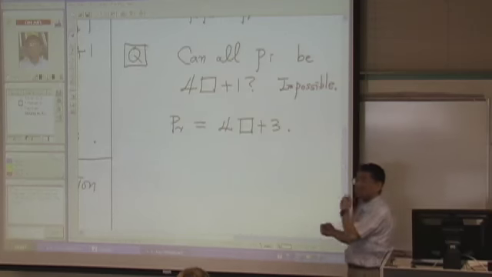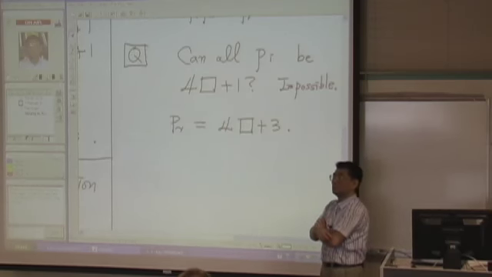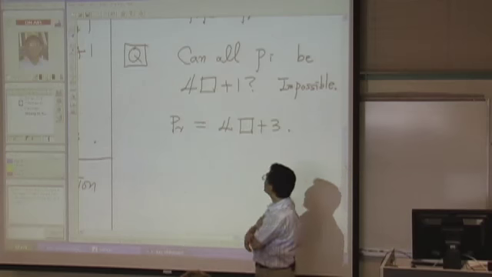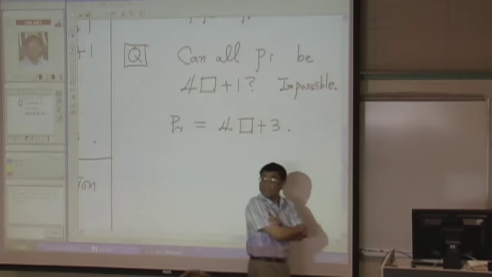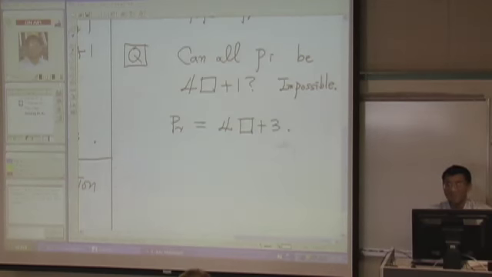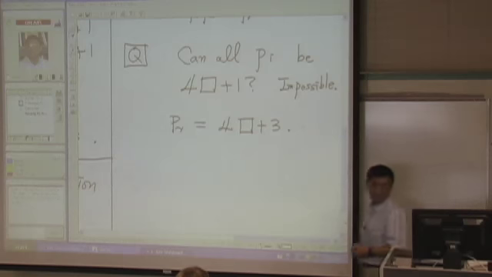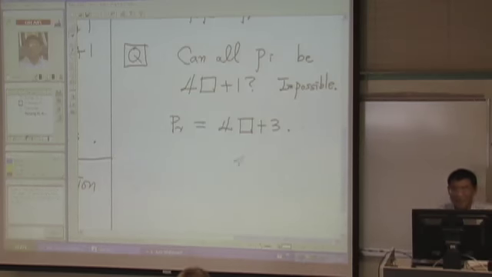Do those two patterns, 4N plus 1 and 4N plus 3, cover all possible primes? Yes, that's right. Any questions? Because of this reason, we have found P gamma, and P gamma is prime having this pattern.